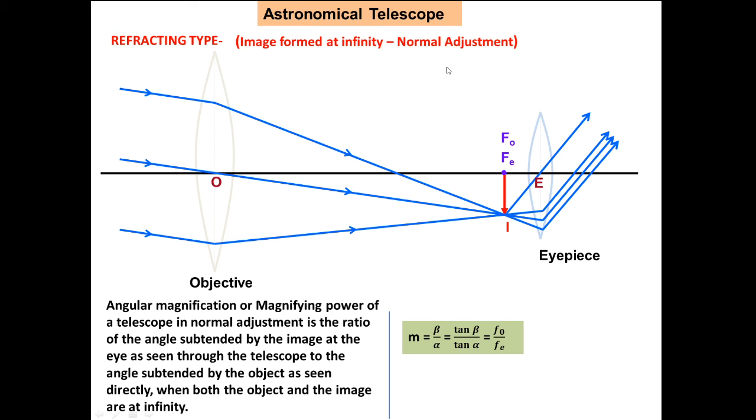It is called the normal adjustment. Normal adjustment means when the image is far away, that is at infinity, our eye remains relaxed. But when the image is at D, the least distance of distinct vision, our eye is not relaxed. So remember and read the questions very carefully whether it is asking for normal adjustment or the image at the least distance of distinct vision.